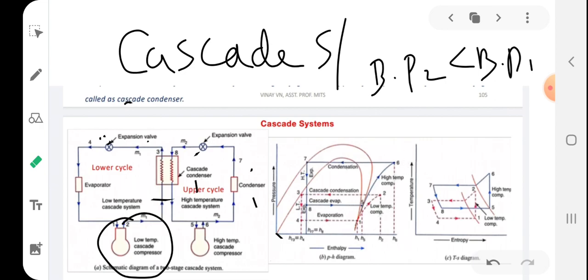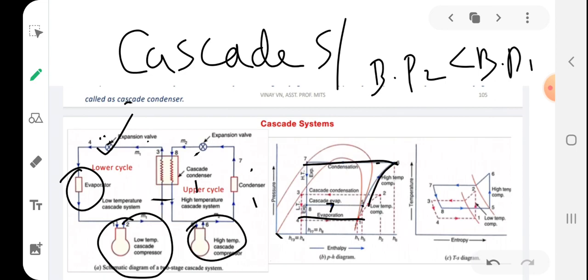After cascade condensation, it will get expanded in this expansion valve, and evaporation takes place in this evaporator. That cycle continues, and in the second cycle, the heat from the cascade condensation is used for vaporization, and then it gets compressed in this particular compressor.